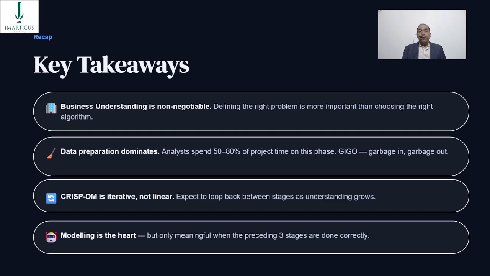Right? Data preparation dominates because a majority of your time is spent in data preparation. Third, CRISP DM is iterative in nature, not linear. And last, modeling is the heart of data analytics, but only meaningful when the preceding three stages are done correctly.